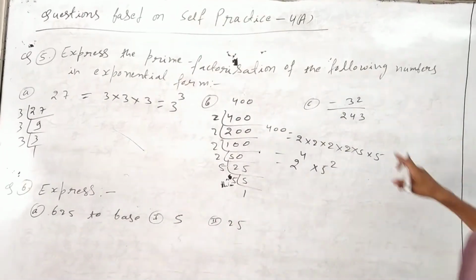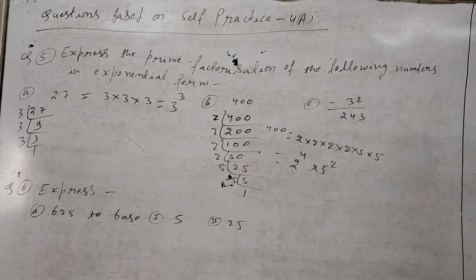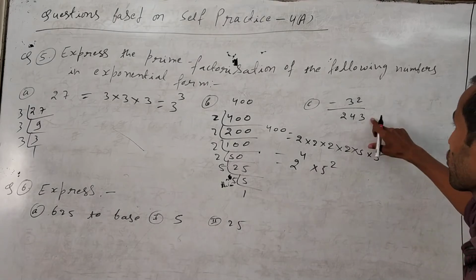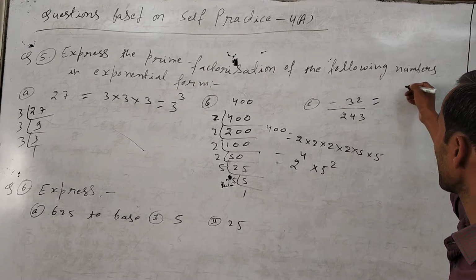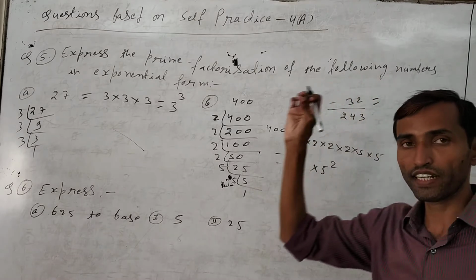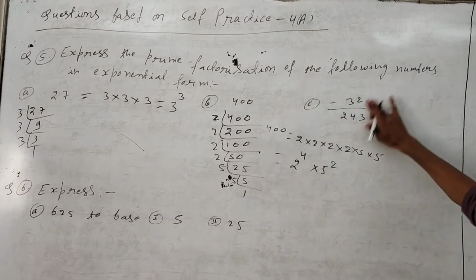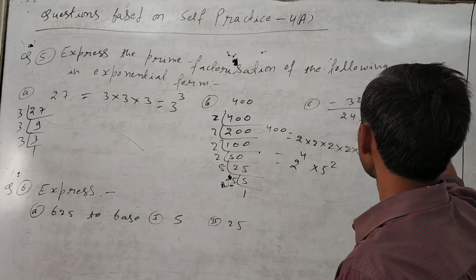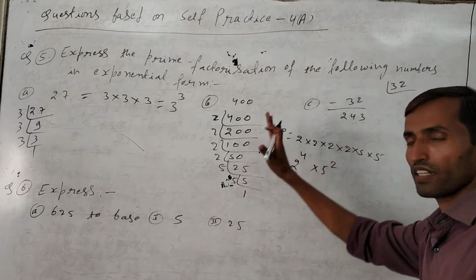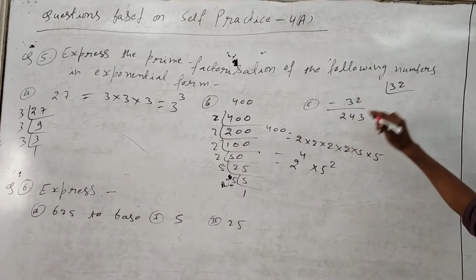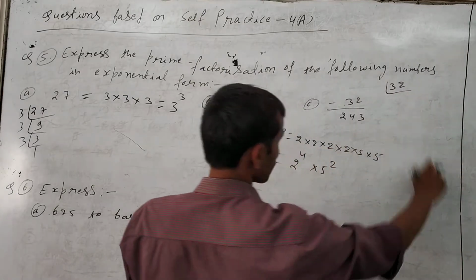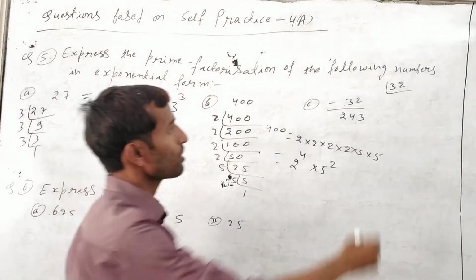Next one, here minus 32 upon 243 is given. In this we have to prime factorize the numerator and denominator separately. First of all we factorize 32. Just put the minus like that only, no need to take it in prime factorization. We divide by 2.